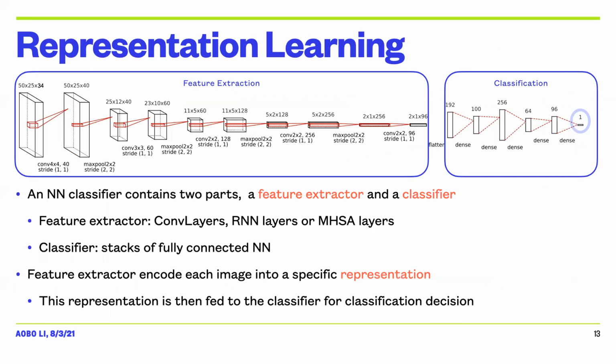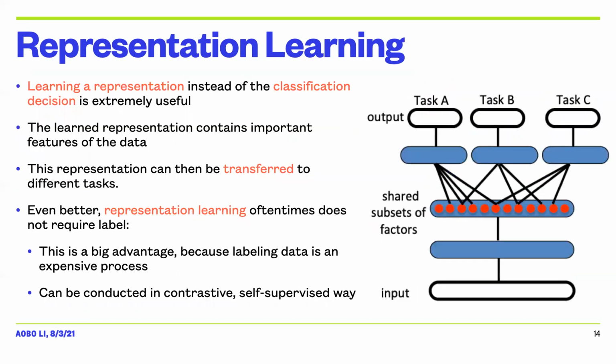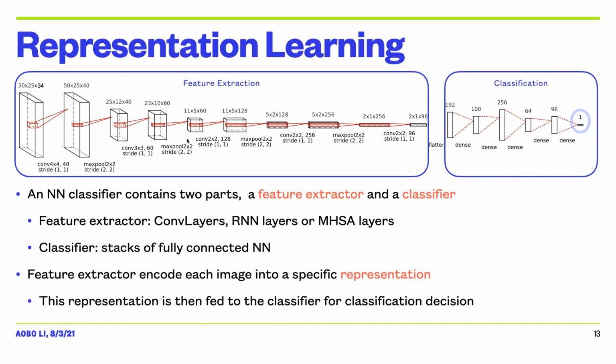In the second module of this course, I would like to talk about representation learning. In the second module, we discussed the convolutional neural network, and we said it actually has two parts. One is feature extraction. The other one is the classification part. Basically, every single neural network classifier follows this structure.